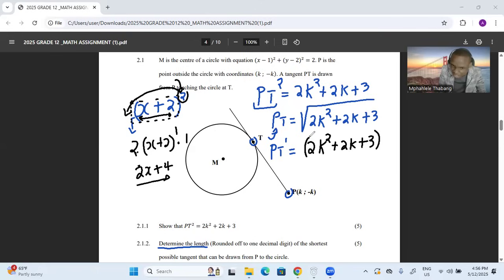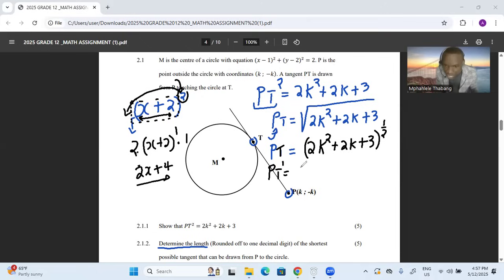I can write it to the exponent 1 over 2. Let me remove this because I've not yet started differentiating. It's still PT. So PT equals 2k squared plus 2k plus 3 all to the exponent 1 over 2. Now I can differentiate. I can say PT prime equals to, I'm going to differentiate it as a whole.